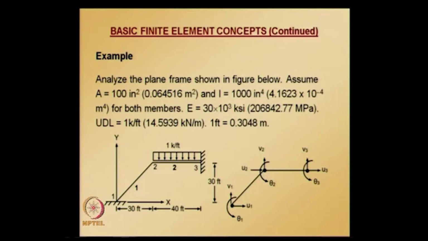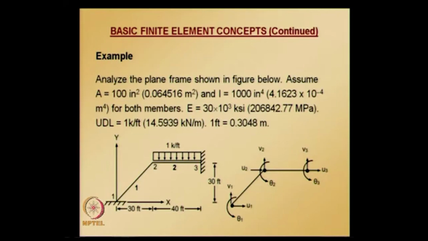For both the members, cross sectional area and moment of inertia of cross section are the same, and the values are given both in FPS units and SI units. Material properties and the distributed load, its magnitude and also the direction, are given. The distributed load is acting in the downward direction, and since the values given in FPS units are round numbers, let us proceed and solve this problem in FPS units.